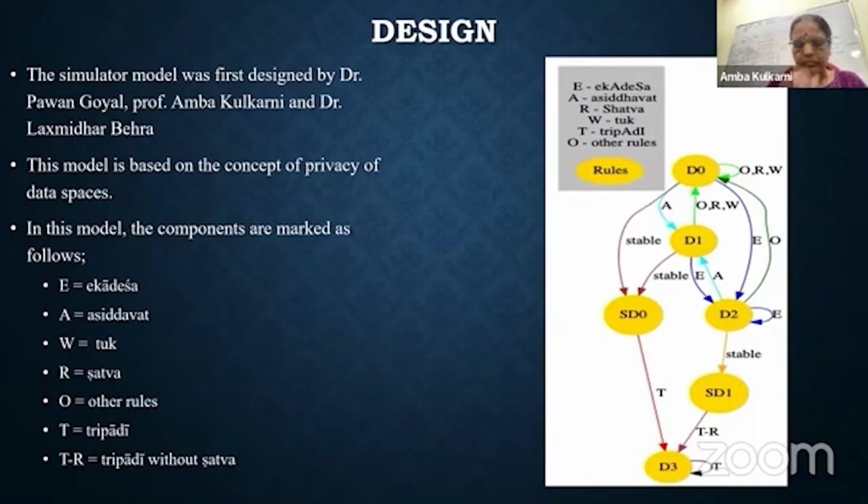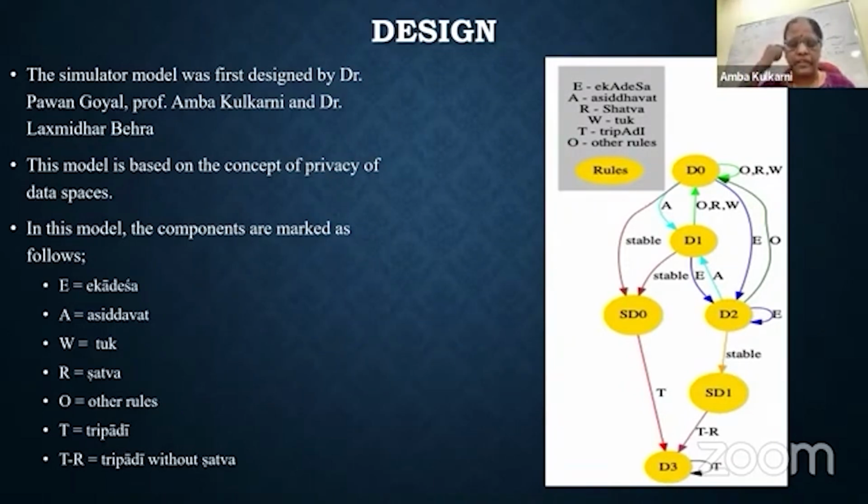And when it is Ekadesha, Shatva is not applicable, so except Shatva, all other sutras can be applied. For SD0, any sutra from Tripadi can be applied. And D3 is the space which is visible only to the sutras from the Tripadi section, and there also there is a kind of nestedness.